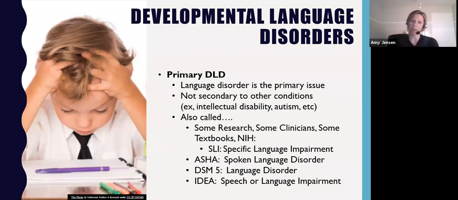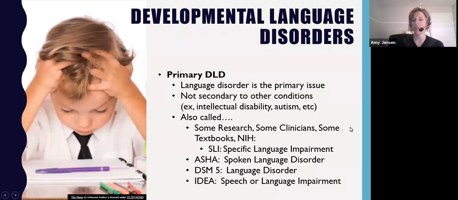The DSM-5 that doctors use calls it language disorder in general. The IDEA, which is the law used to break down diagnostic conditions that can qualify children for services in the schools, calls it speech or language impairment. So lots of different names, but referring to some of the same characteristics.